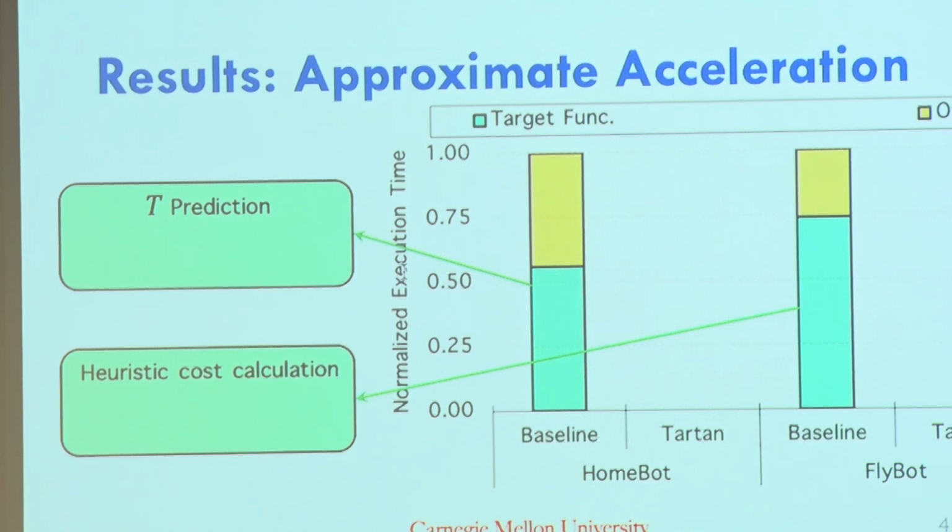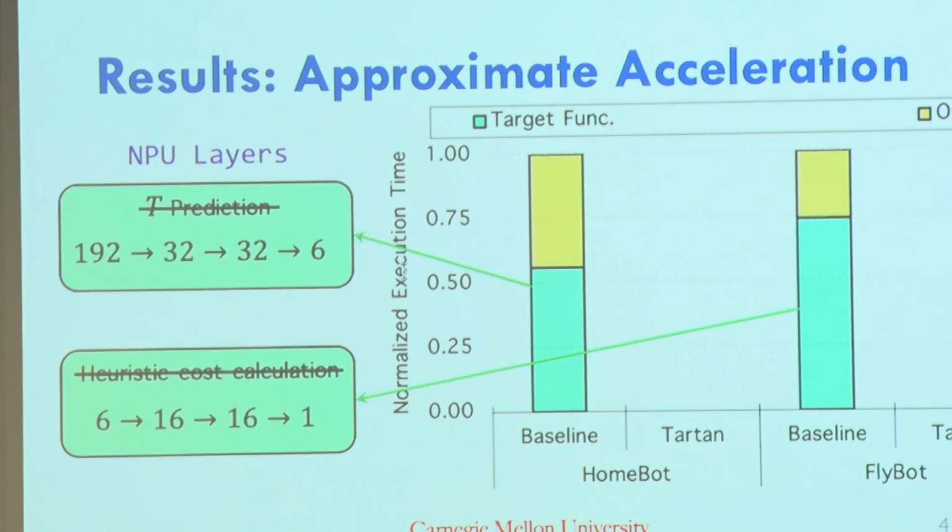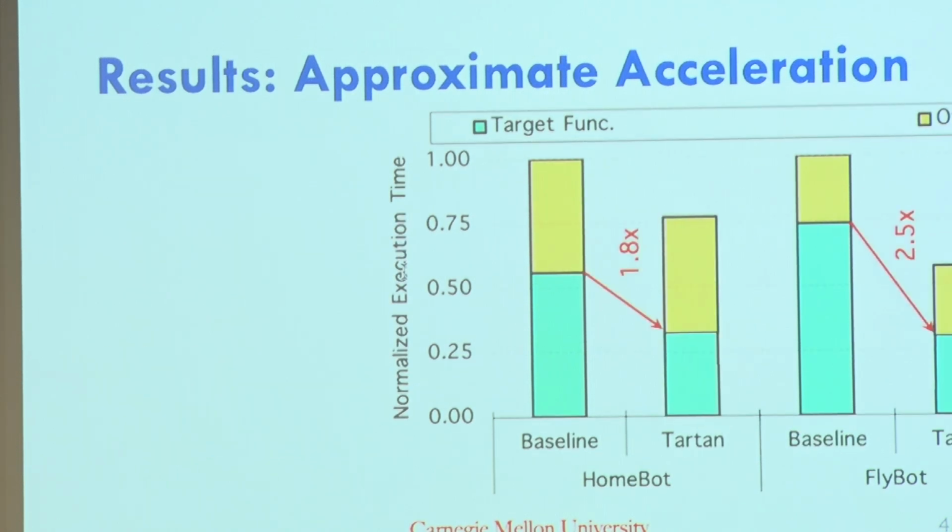It includes data integration, aerodynamic calculation, and so forth for providing an estimate cost. But this operation itself is a very computationally intensive one. So we replace these operations with these neural networks. The layers are shown here. And this results in 1.8 to 2.5x speed up in these bottleneck operations using the MPU.